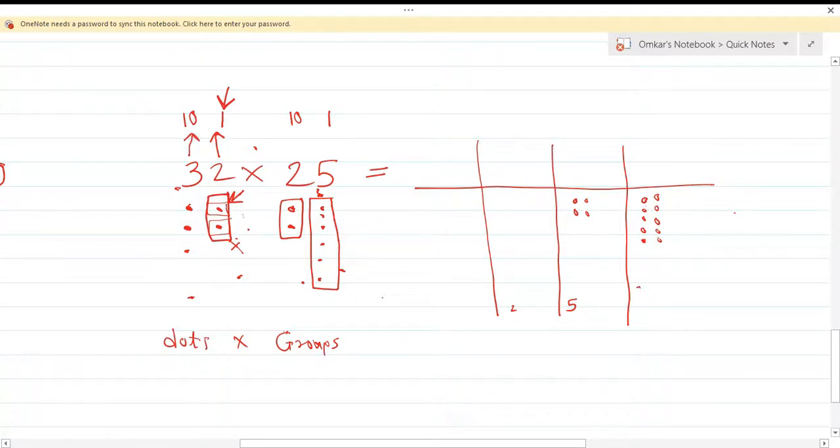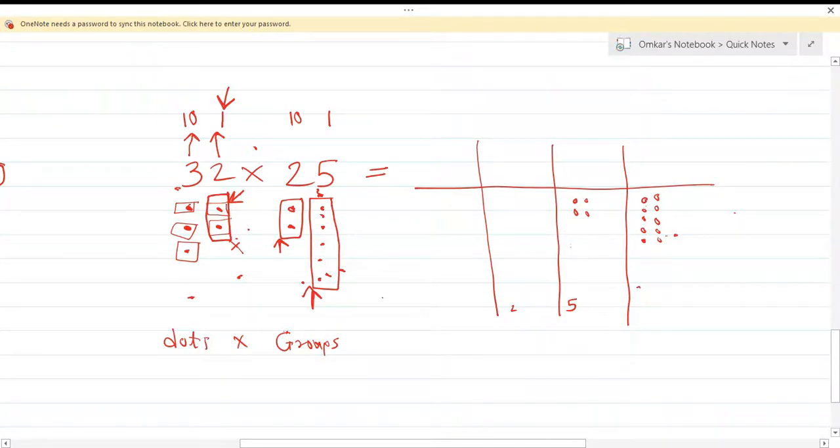But remember, the second column is in the tens place. So we have to shift all the dots one column to the left side. Okay, so again we will put a group of 5 dots and a group of 2 dots three times, but one column to the left side.